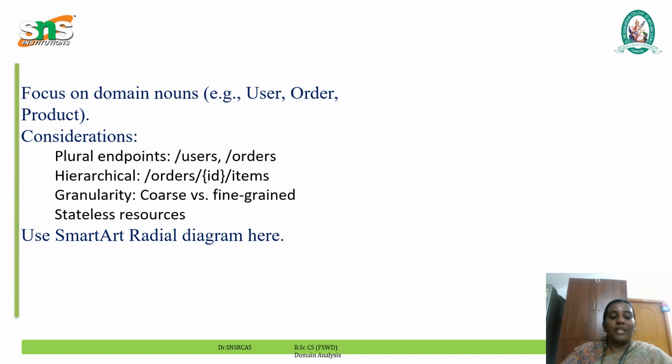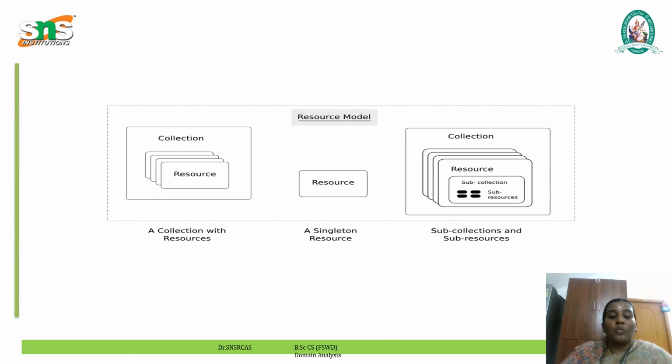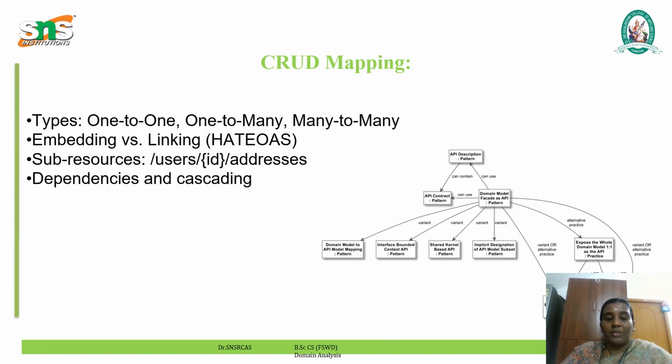So the key steps are creating the resource model with put, delete, and update. They are nothing but HTTP verbs, with an internal implementation of the resources with a defined bounded context for microservices, as we have seen in the last video. This is a resource model with a collection of resources plus a collection of resources with sub-collections and sub-resources.